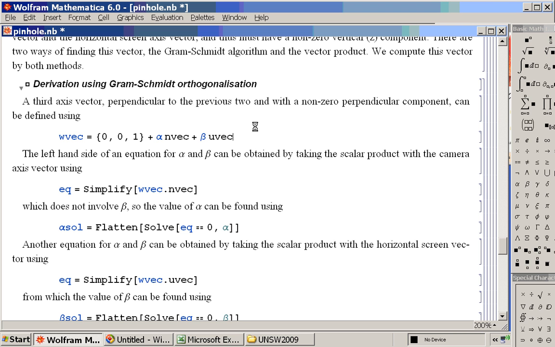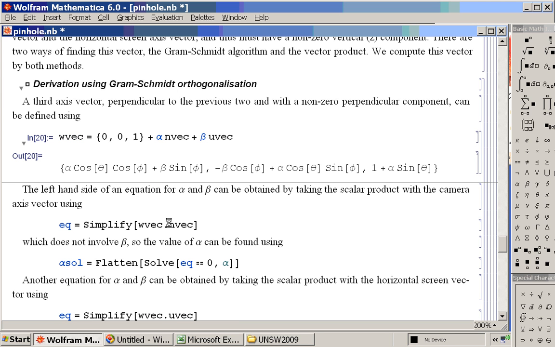So we define that, and then we're going to require that vector be perpendicular to both the camera axis vector and the horizontal screen axis vector. So we take the scalar product, we get an equation by taking the scalar product of this vector with the camera axis vector.